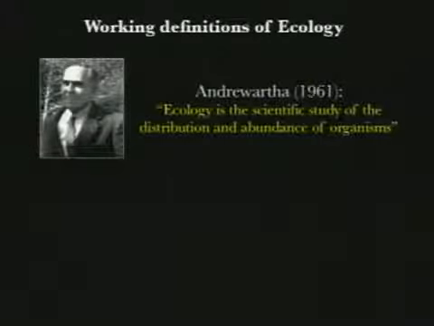Spatial distribution and abundance. The numbers. How many are there? Or what is their density? The density of organisms, or the biomass. How much do they all weigh? It's the scientific study of the distribution and abundance. But that's a little static. That's a little narrow as a definition. It certainly doesn't encompass the full range of ecology.